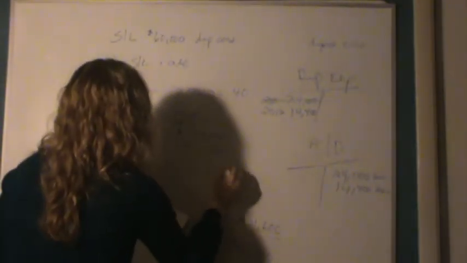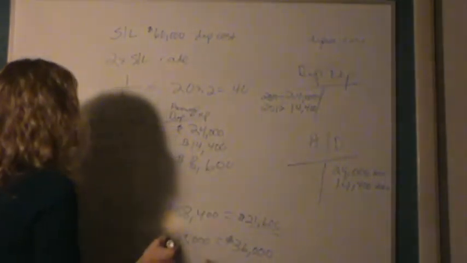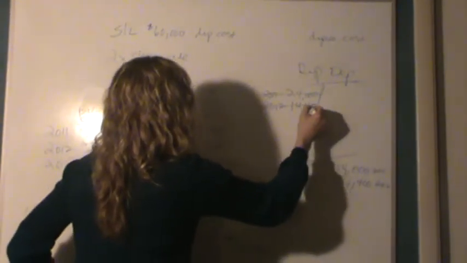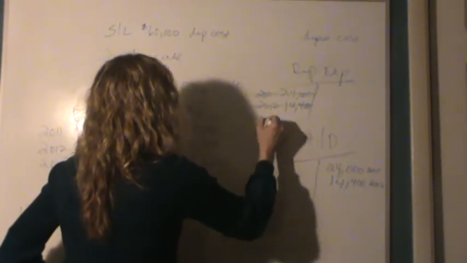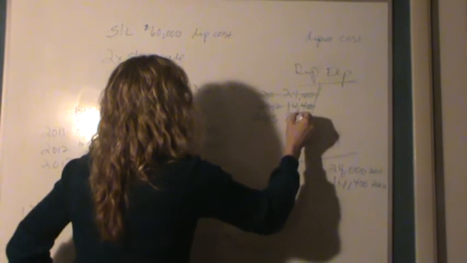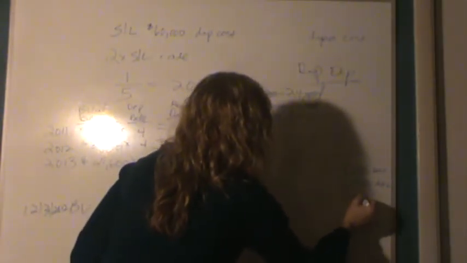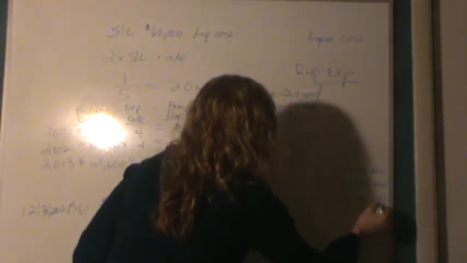So now again, we're going to have to take our 21,600, multiply it by 40% to figure out our depreciation expense. That ends up being $8,640. Again, 2012 depreciation expense gone. Our depreciation expense for 2013 is $8,640. And we can go ahead and add that on for our accumulated depreciation.